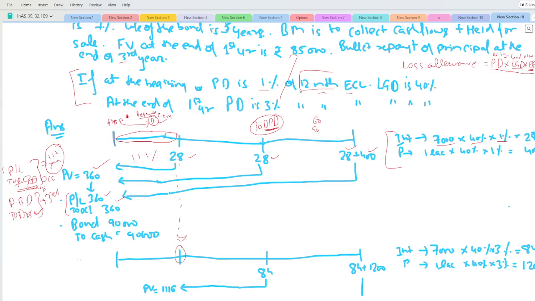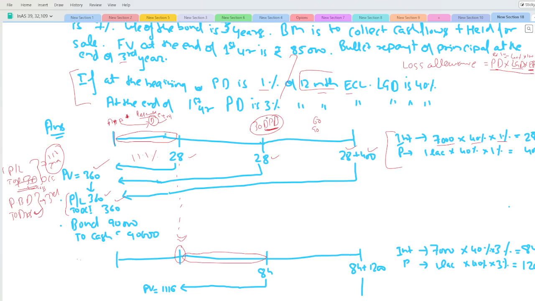So that means you will be calculating the PD, finding the happening of the default event in the next 1 year. Here I have taken the 12-month ECL.